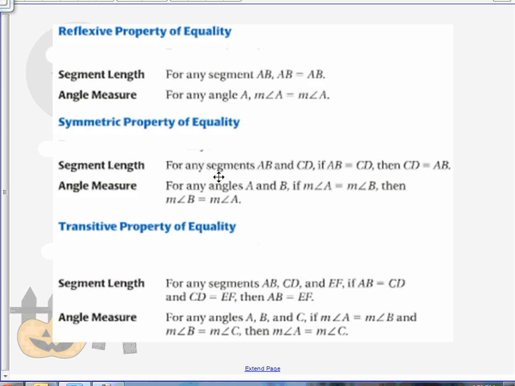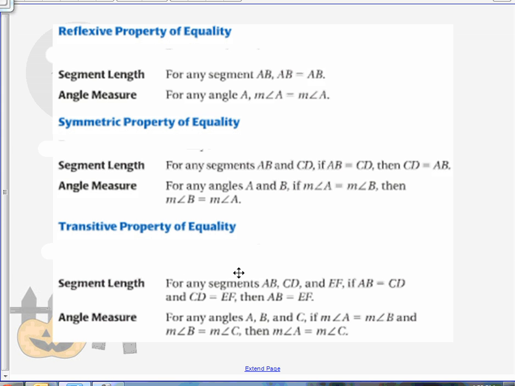Okay? So the symmetric property of equality, like segment length, says for any segments AB and CD, if AB equals CD, then CD will equal AB. Okay? Alright, angle measurement, same sort of idea. And then the transitive property.